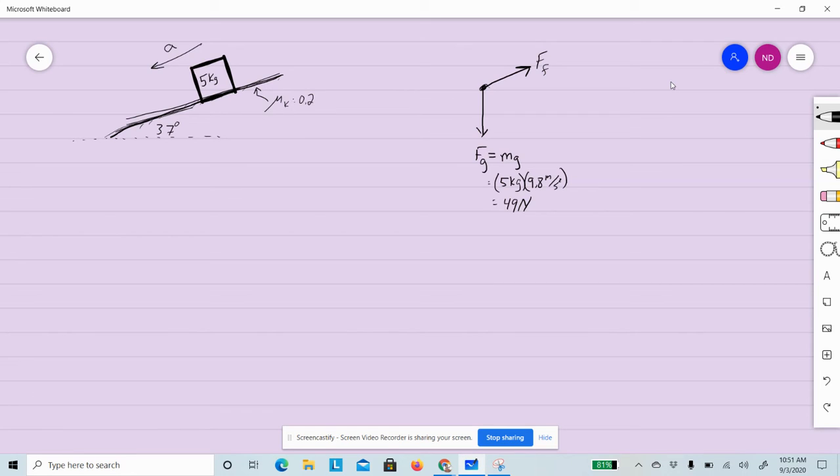It's sliding down the ramp. So the ramp itself is pushing up. The ramp is supporting some of this block. The ramp can only push perpendicular to itself. That's why we call that support force the normal force.